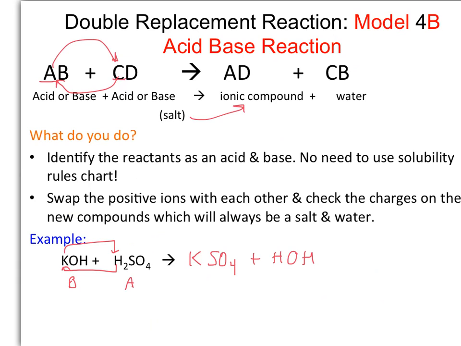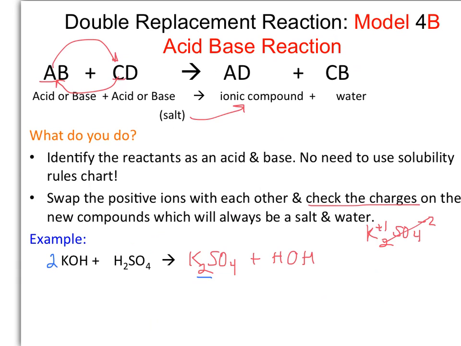I do need to check the charges on the new compound. Since K is +1 and SO4 is -2, that does mean that I need to put a 2 here. Okay, and now I'm ready to balance this guy. If I look at the subscripts for potassium, you will see that there's 2 on the right.